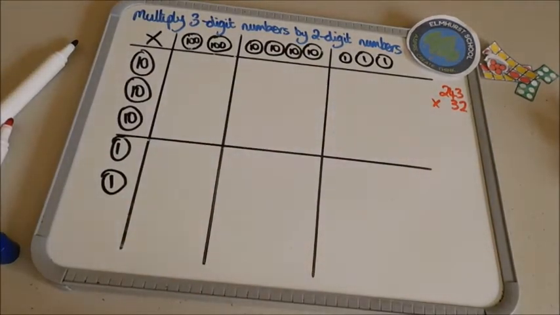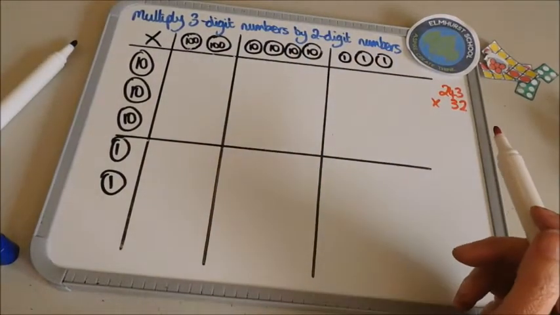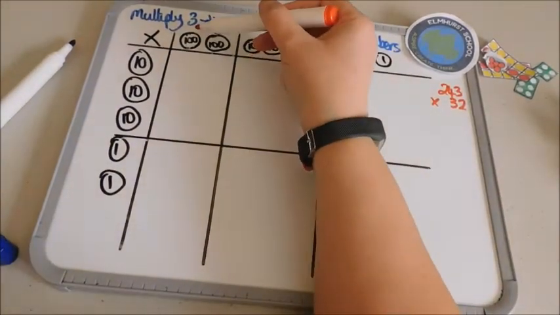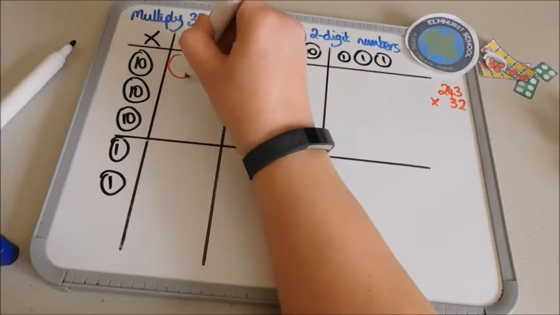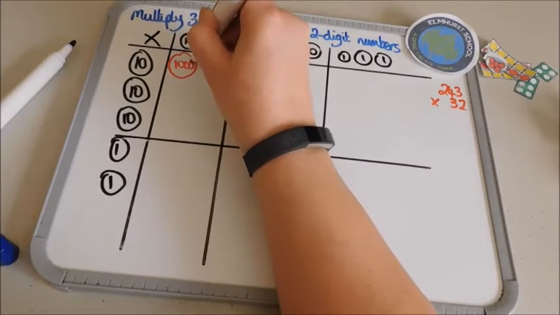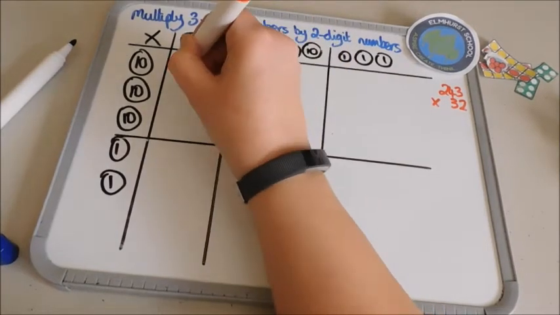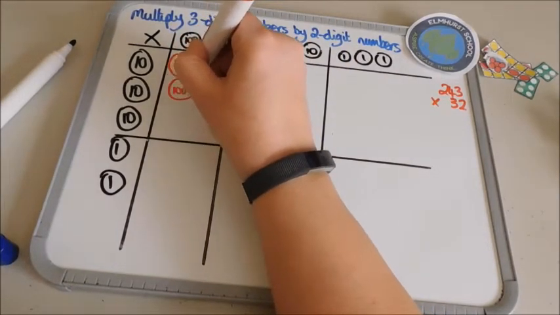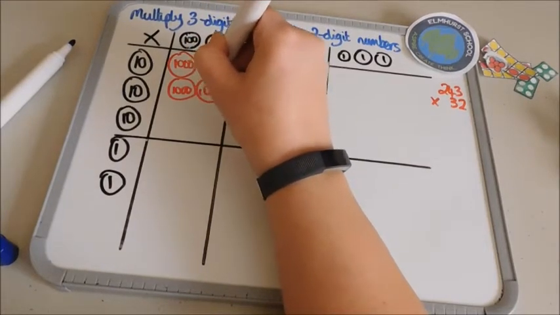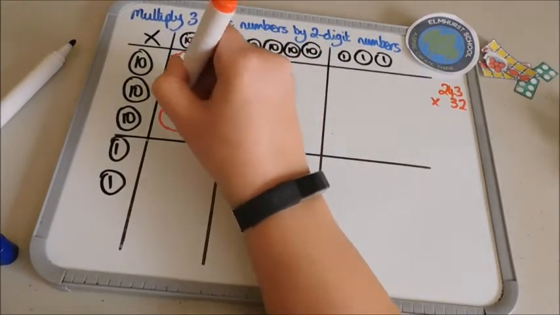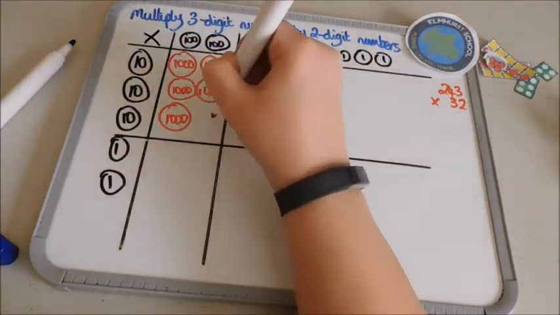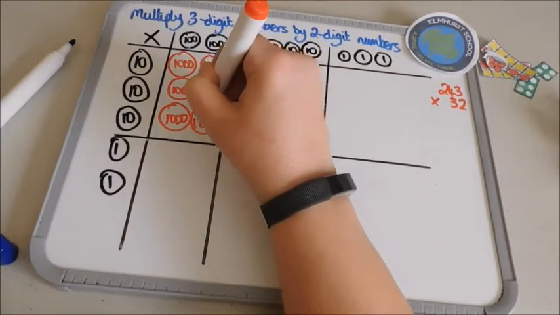Then I'm going to take each section and multiply the counters in those sections. So I have got 10 times 100. Well, 10 times 100 is actually 1,000. So 10 times 100 is 1,000, and that repeats across this section.